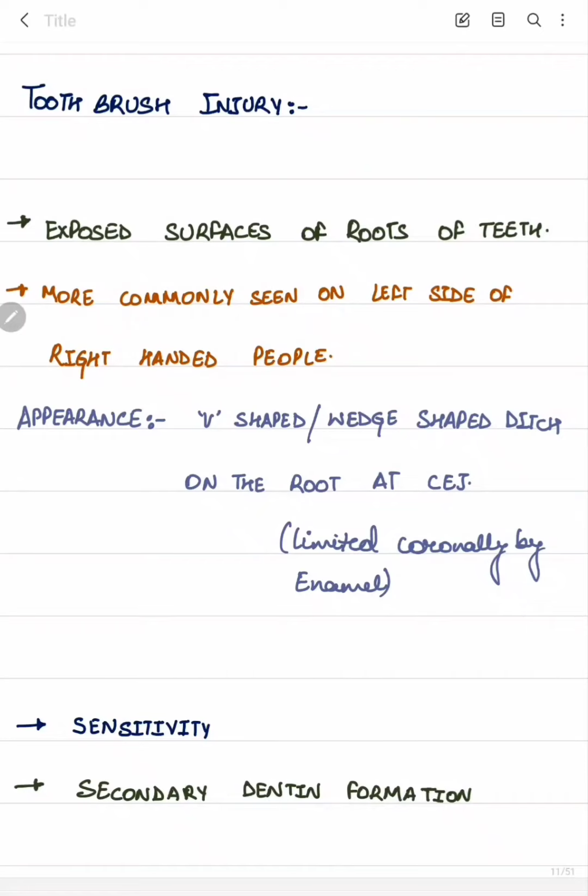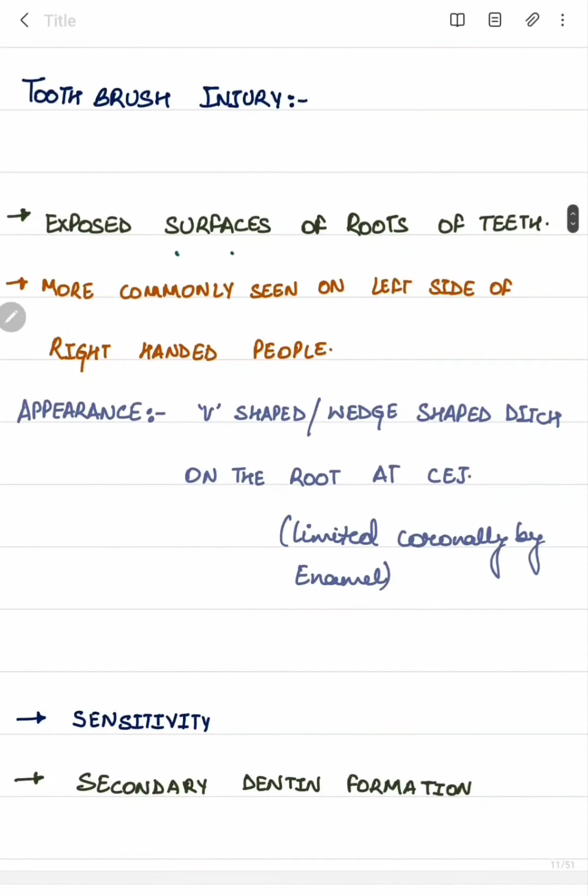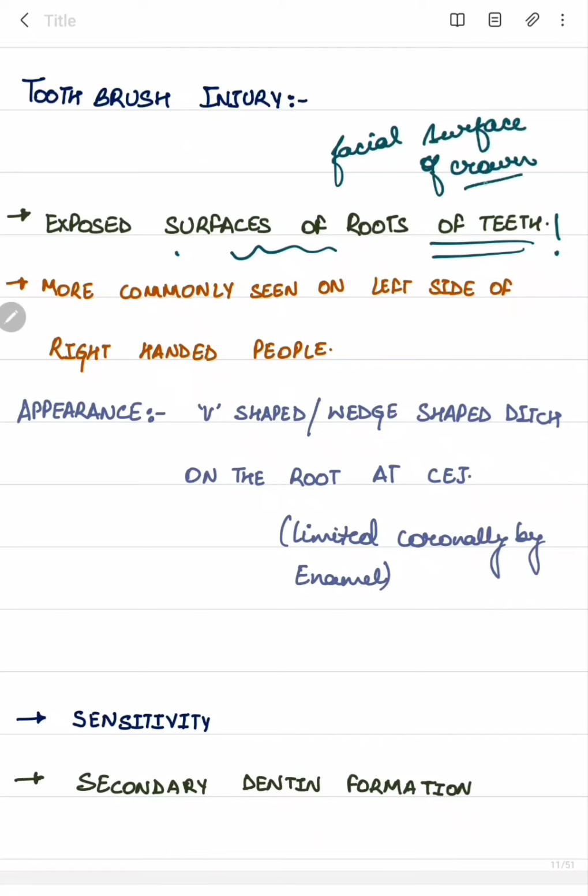So now we are going to discuss toothbrush injury. So in toothbrush injury, what happens? Abrasion affects the exposed surfaces of the roots of the teeth, right? And also the facial surface of the crown basically, right?